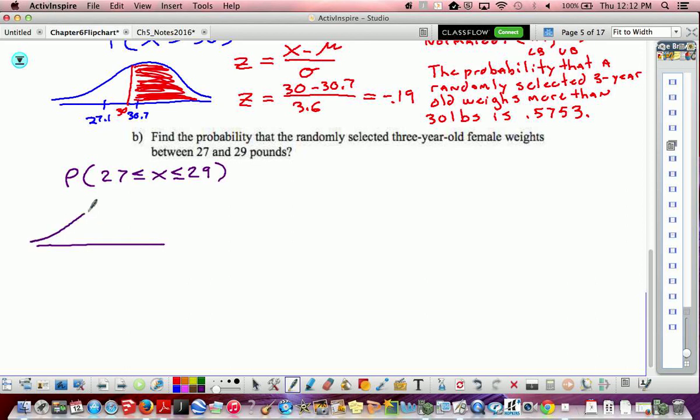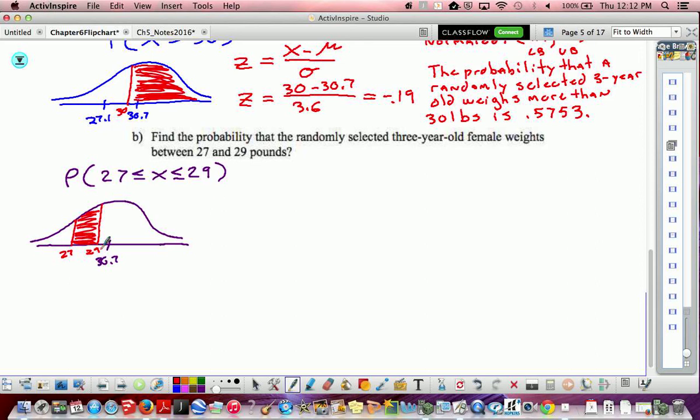What's nice about the picture up top, again, here's that 30.7. 27.1 is just a tad bit lower than 1 standard deviation, to 29. So it's going to be this sliver of the normal curve.